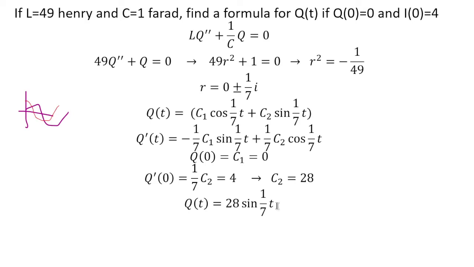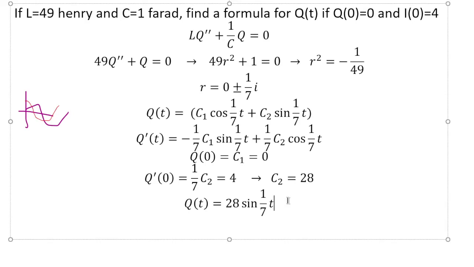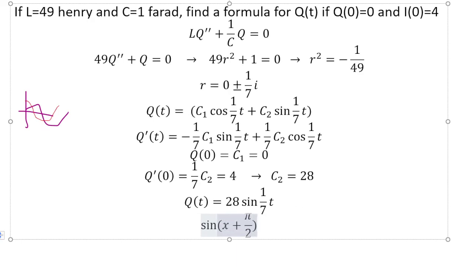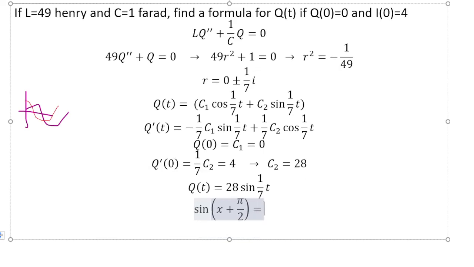And the way you can shift it is by adding 90 degrees. So there's this identity that you should know, which is that if you take sine function and you do x plus pi over 2, you get cosine of x, and also vice versa.